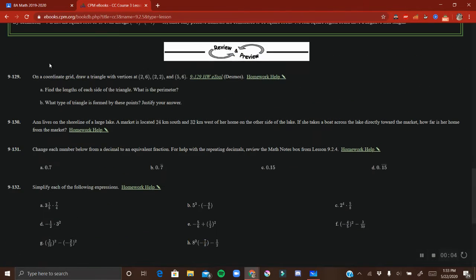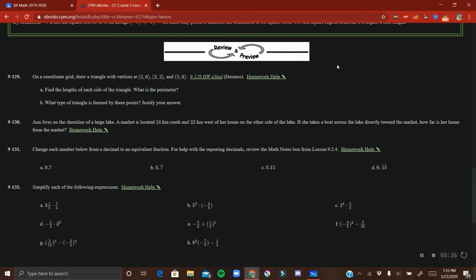This is math, and this is 929. Number 929: On a coordinate grid, draw a triangle with the vertices at (2, 6), (2, 2), and (5, 6). I'm not gonna share the triangle, so just do it by yourself.